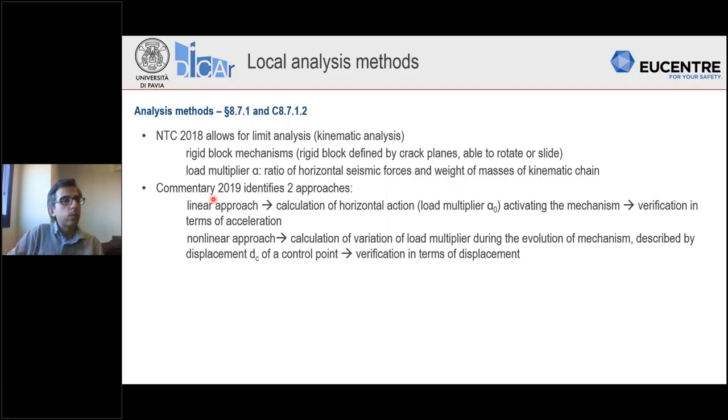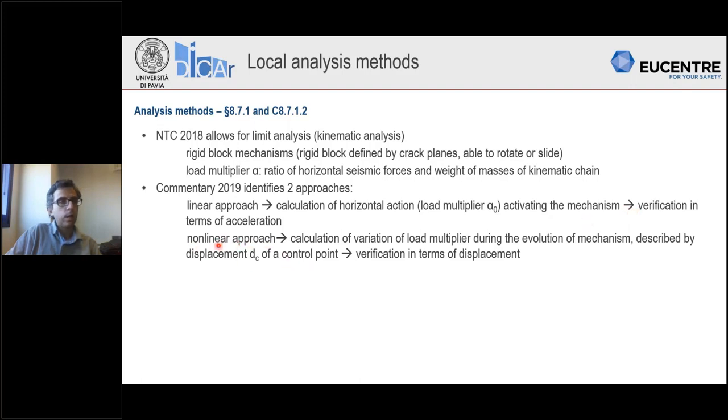In the commentary to the Italian code, two approaches are presented. One, which is the linear approach, consisting in calculating the horizontal action load multiplier alpha 0, corresponding to the activation of the mechanism. This leads to a verification in terms of acceleration.